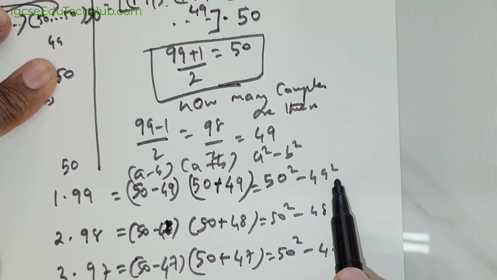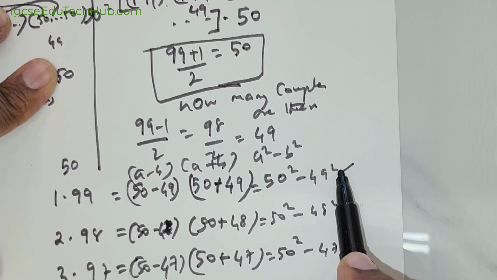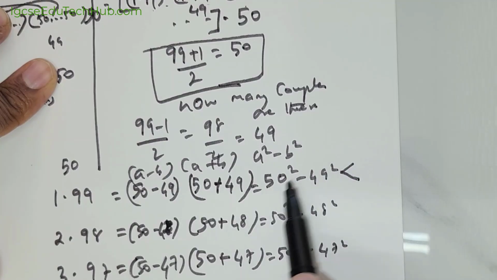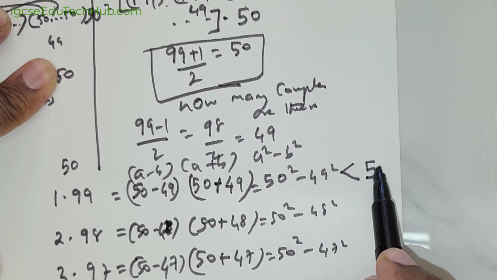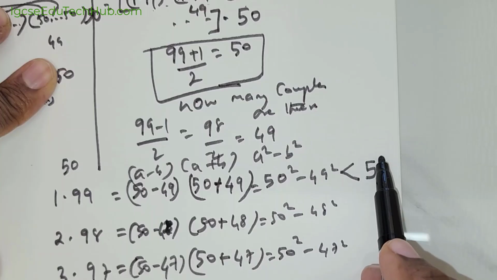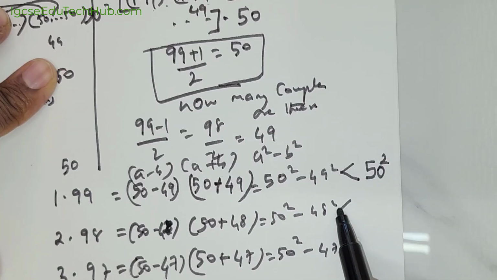Some square. Now definitely when you perform that, the term that you're going to be getting will be strictly lesser than 50 squared. Similarly, from 50 squared, you are taking away your term. The output that you're going to be getting will be strictly lesser than 50 squared.